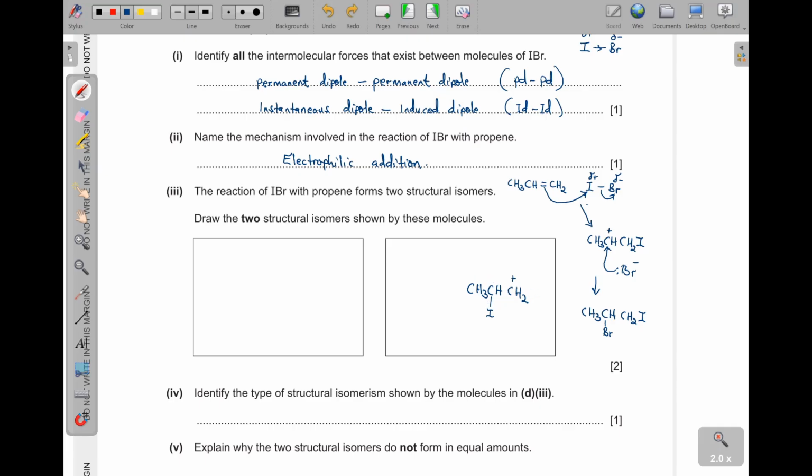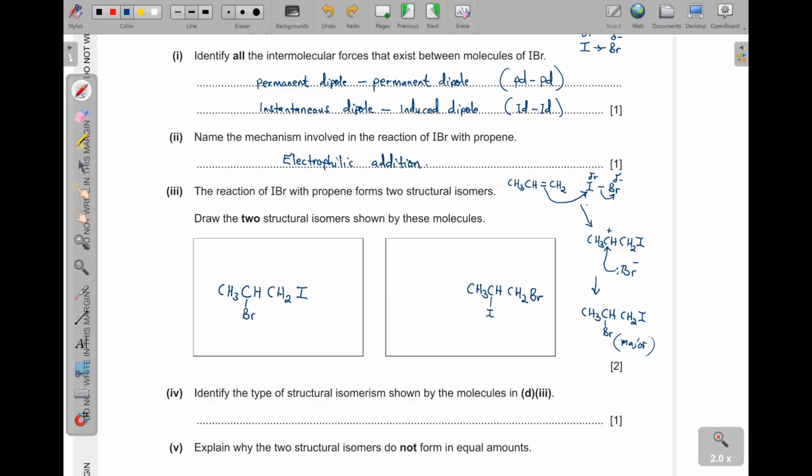So in fact, I can write this one here and I put Br, and then I can write CH3, CH, this one, the major one. This is major, this is minor. Let me even put this one as major. So CH3, CH, then Br, and then CH2, then I. So why is this one major?